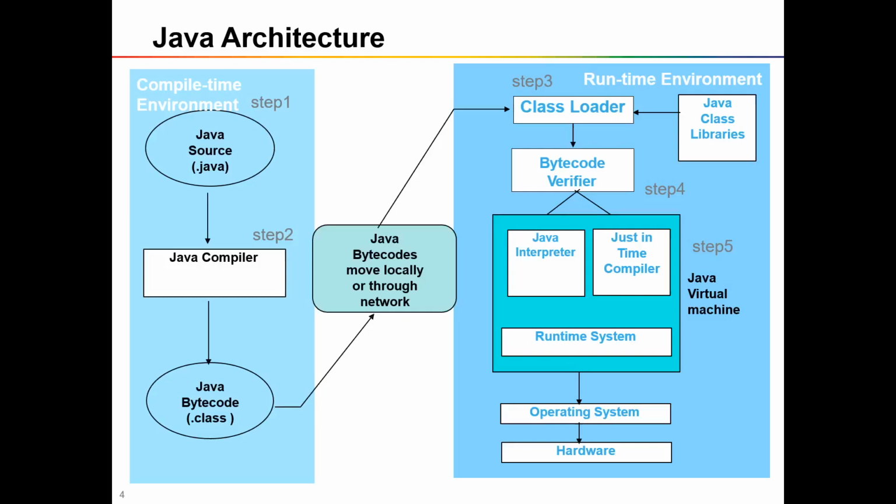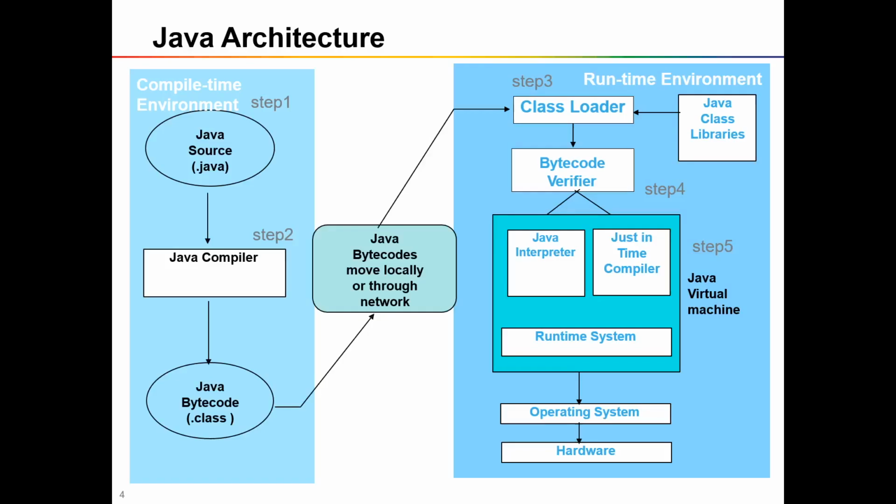Once we have the Java source code, there is a Java compiler that translates our Java code into an intermediate file format. We call it bytecode. Once the bytecode is generated by the Java compiler, we can run the bytecode on any platform which contains a Java runtime environment.